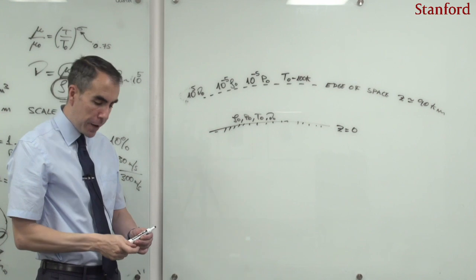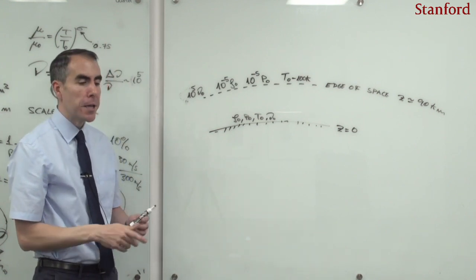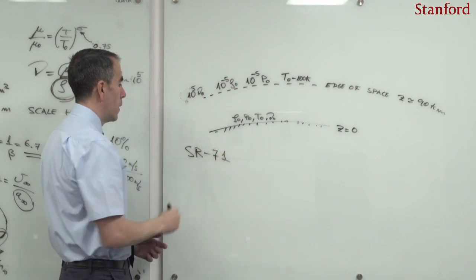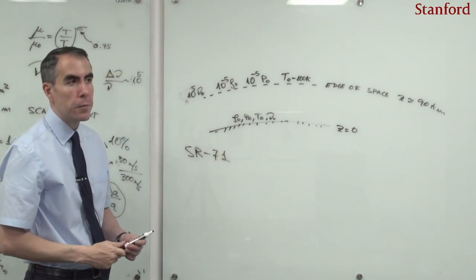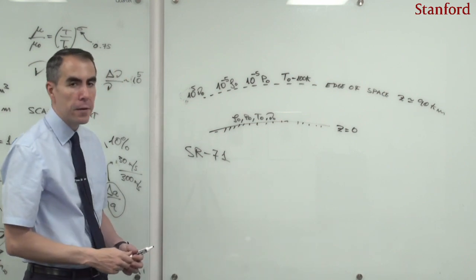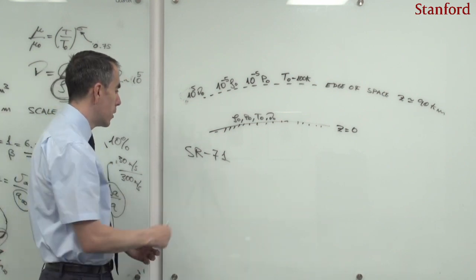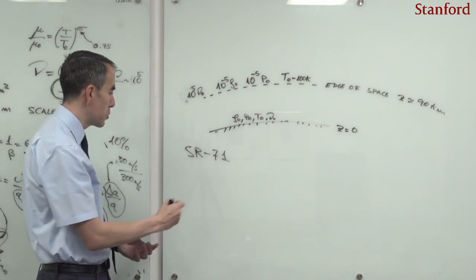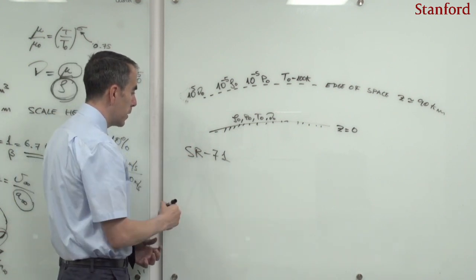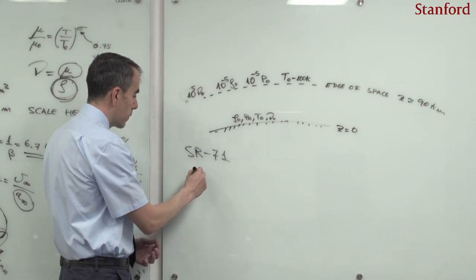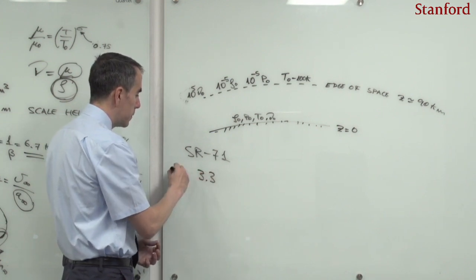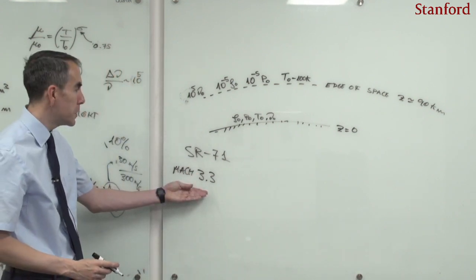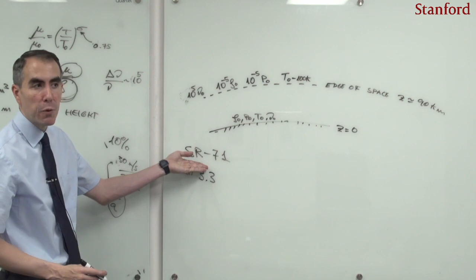I don't know if you have ever heard about the challenges that the SR-71 had to go through when designing this airplane. It was called Blackbird 2. Many of the concerns when designing this airplane, which was a supersonic aircraft capable of reaching Mach 3.3, so still relatively small velocities, and it was flying all the time within the stratosphere.